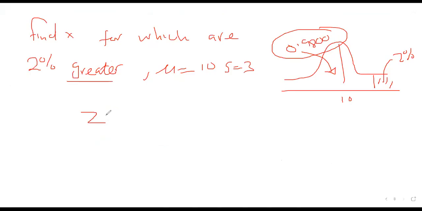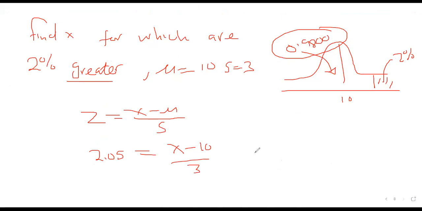So we know that Z is equal to what? X minus mean over standard deviation. So because of the 2% here, we are going to say 2.05. And our X is what we're looking for. Our mean is 10 and our standard deviation is 3.